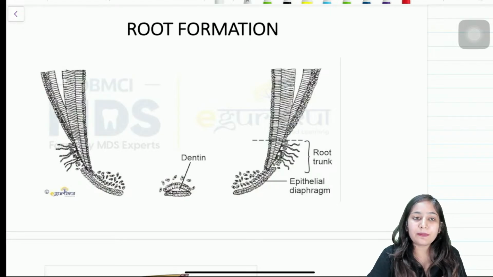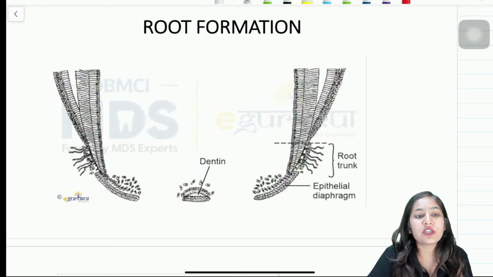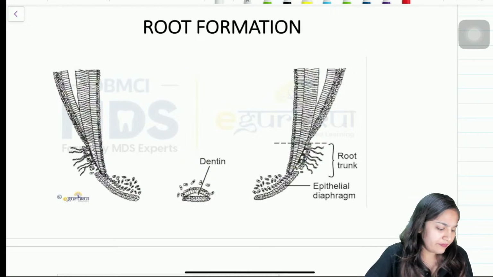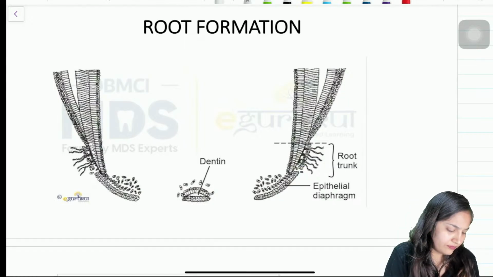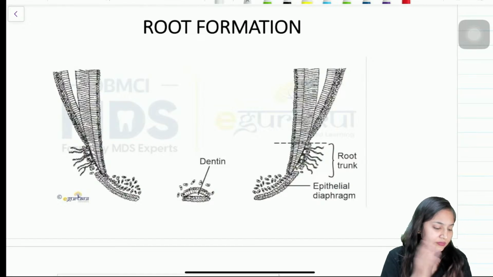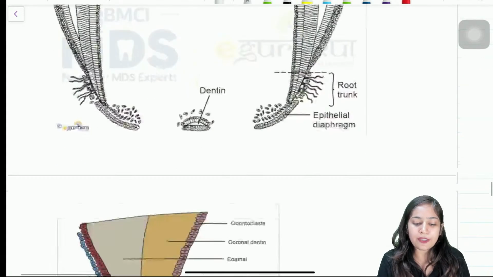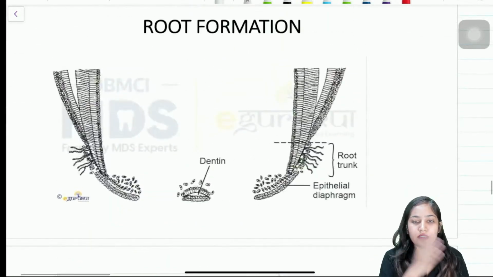After break, can we start with root formation, or shall we complete root formation first? Okay, all of you are correct. Mantle ameloblast cells. Okay. So shall we complete with the root formation, or do you want a break?